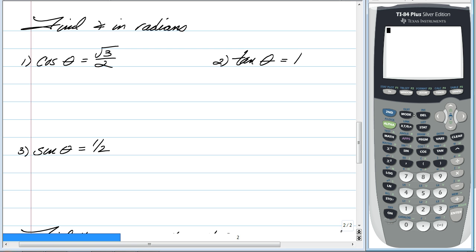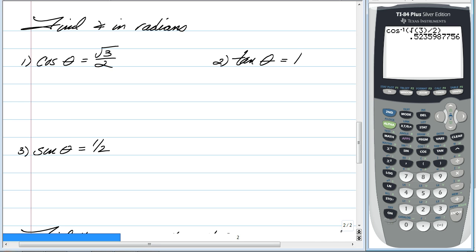In order to get this answer, the first thing we need to do is use inverse trig with what's given. So the first thing you need to do is second cosine, and then we're going to type in the square root of 3 divided by 2, close our parentheses, and that's going to give us 0.523 yada yada yada. However, that is with pi.